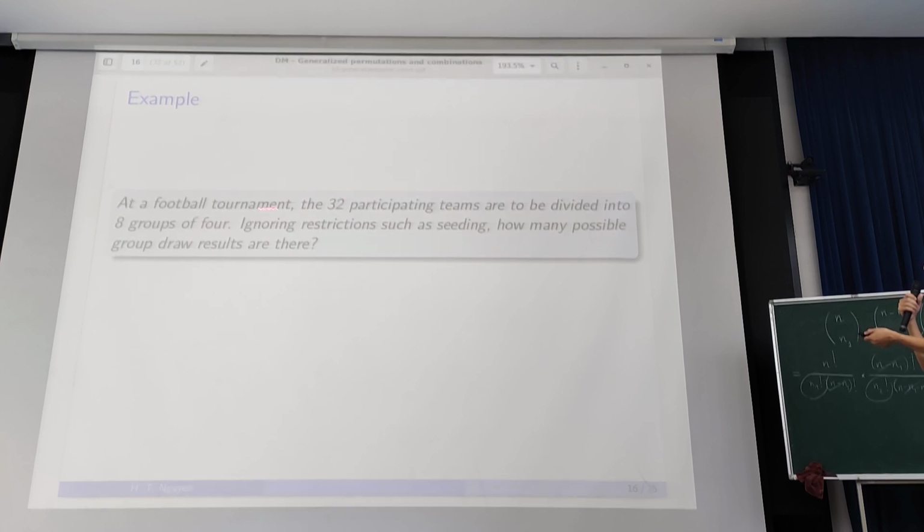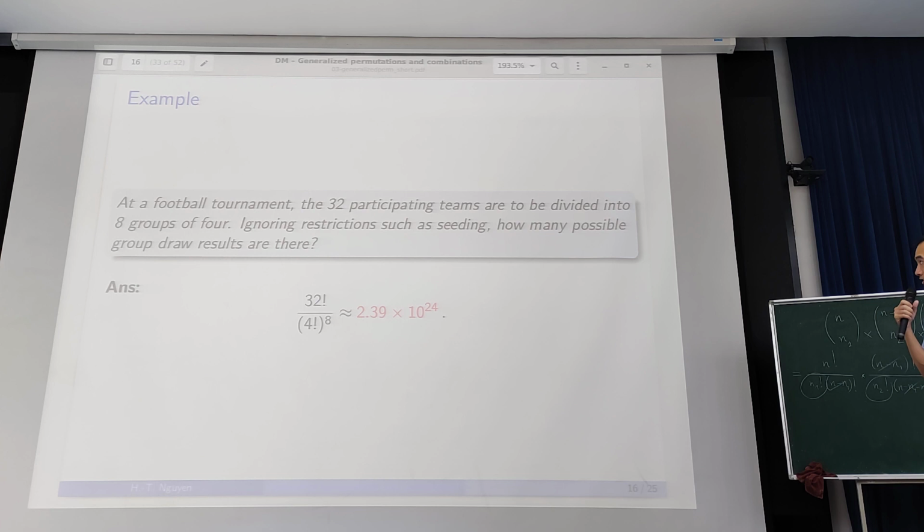First you choose 4 teams for group A, then you choose 4 out of the remaining teams for group B, and so on. Then you multiply the results with each other. Or you can also apply directly the formula, and you get this huge number.